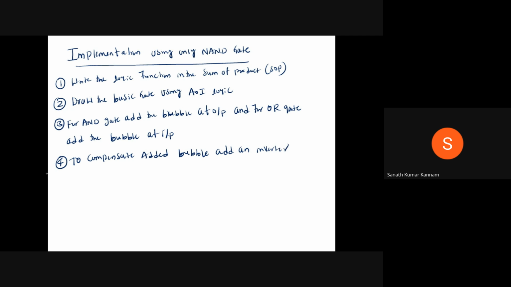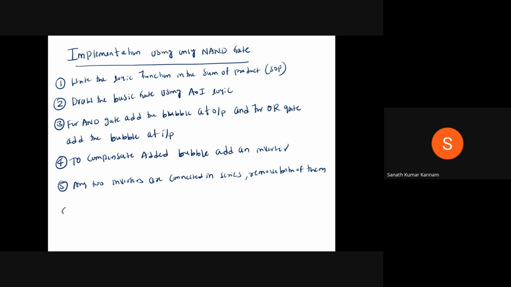Suppose any two inverters are connected in series, just remove both of them.